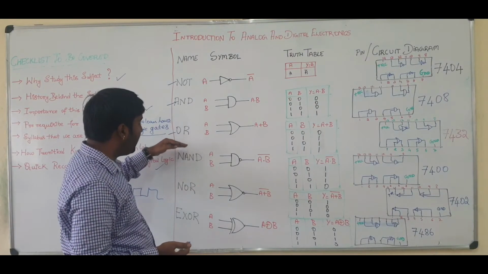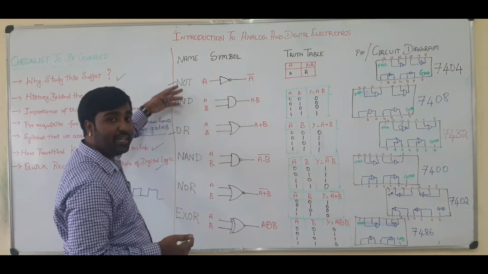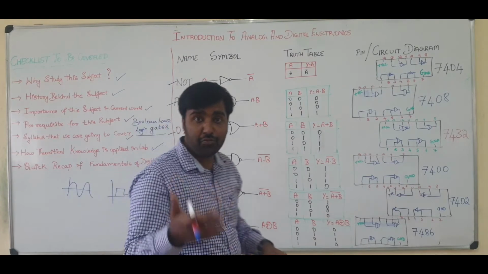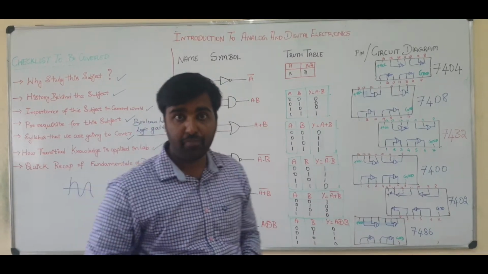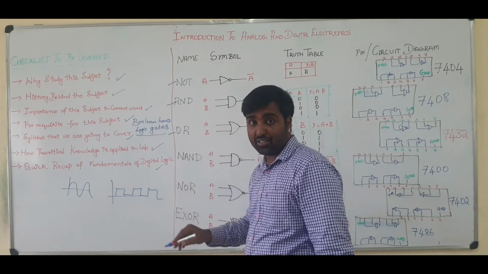So what do you mean by derived gate? From the existing gates, with the combination of two basic gates, I can construct n number of a few more gates, which we call derived gates. Is the concept clear? Please have your concentration here.